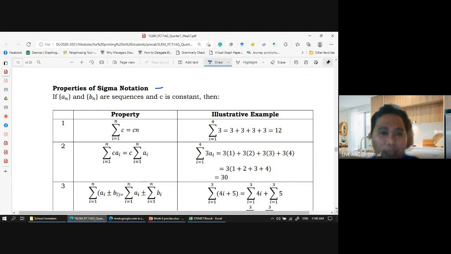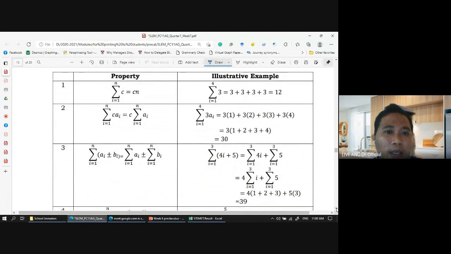We have the first property: we can multiply. The summation of C, where i starts from 1 to n, means 2 plus 2 plus 2 plus 2, or 3 plus 3.